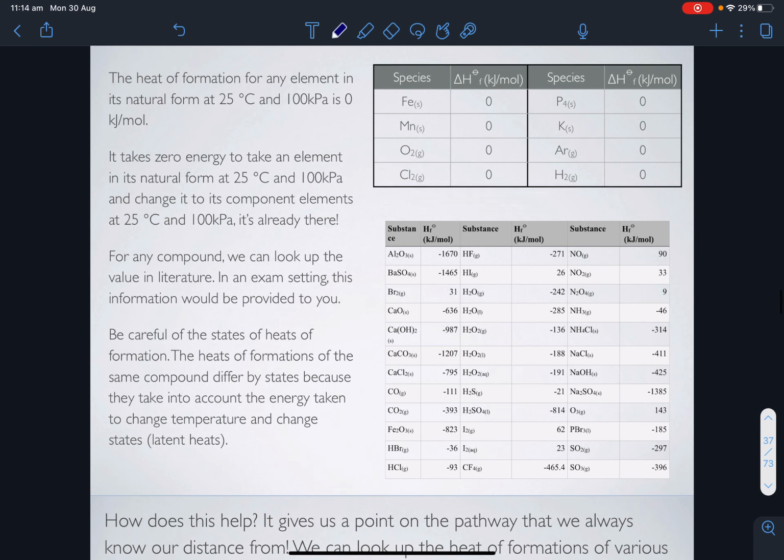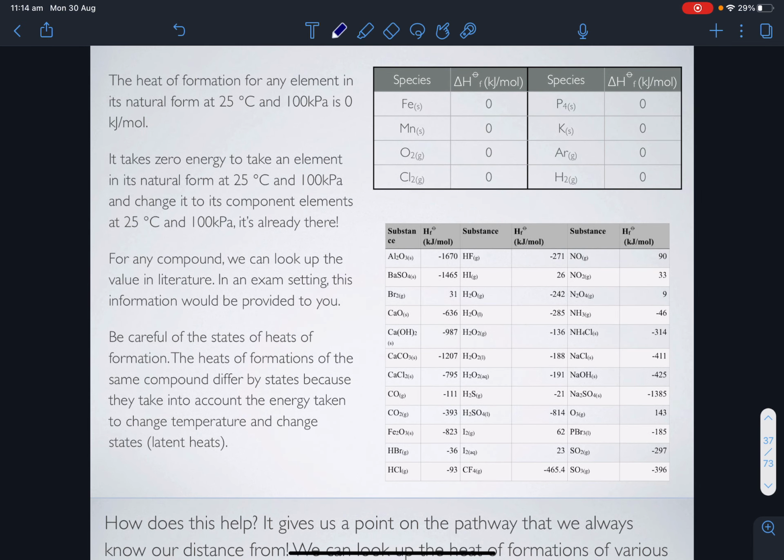The heat of formation of any element in its natural form doesn't take any energy to transfer it into its natural form. It's already there. So it's 0 kilojoules per mole, okay?